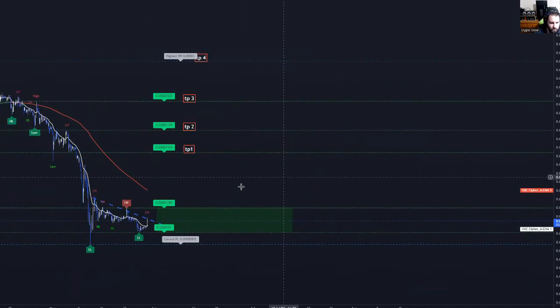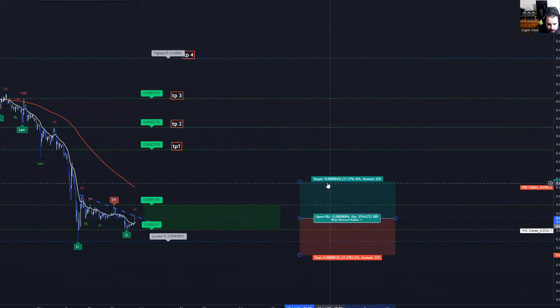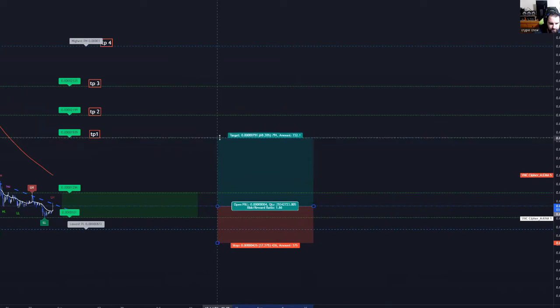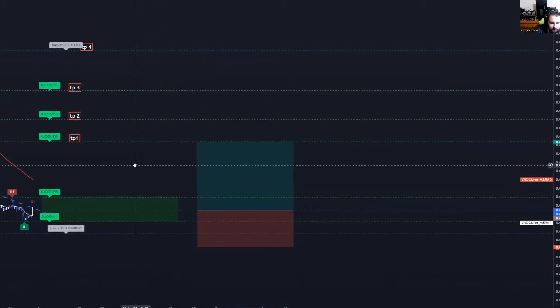And then what the robot does is if it puts a trade, so let's say we do a long position from here, the entry price is at this range. So let's just say we go halfway. Then take profit 1 will be here. You can set your take profit to 50%, 100%, 30%.